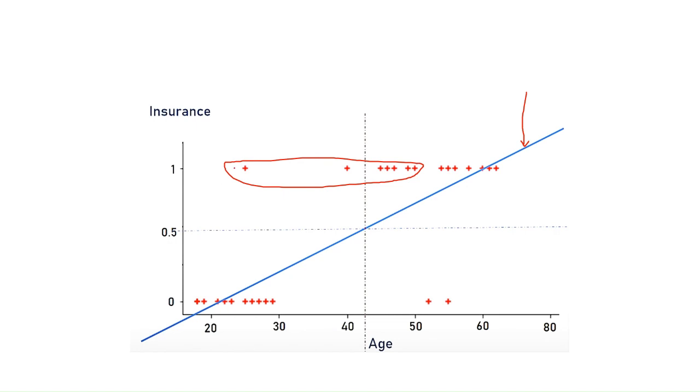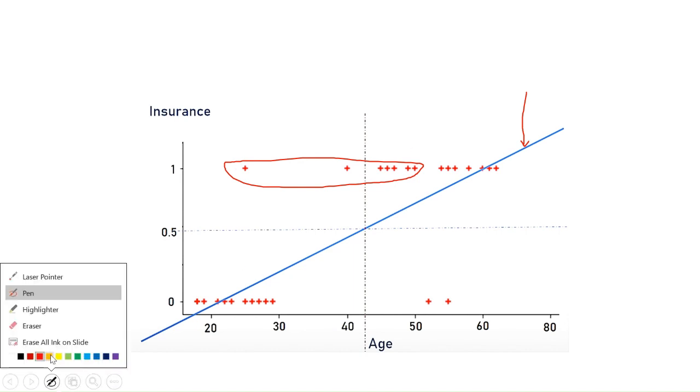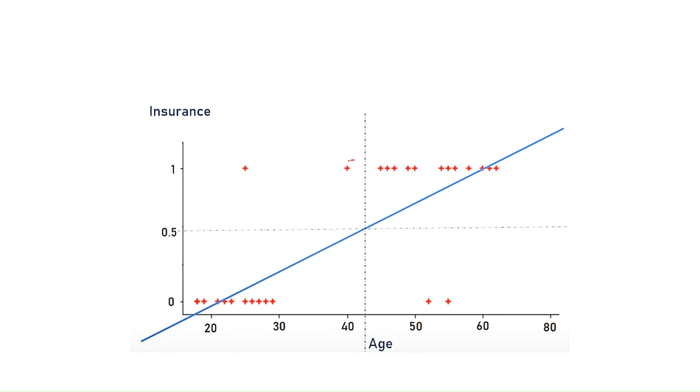Corresponding to this person, what is the predicted output using linear regression? Assume that you have a threshold value of 0.5, and all the values above 0.5 belong to this class and all the values below 0.5 belong to this class.